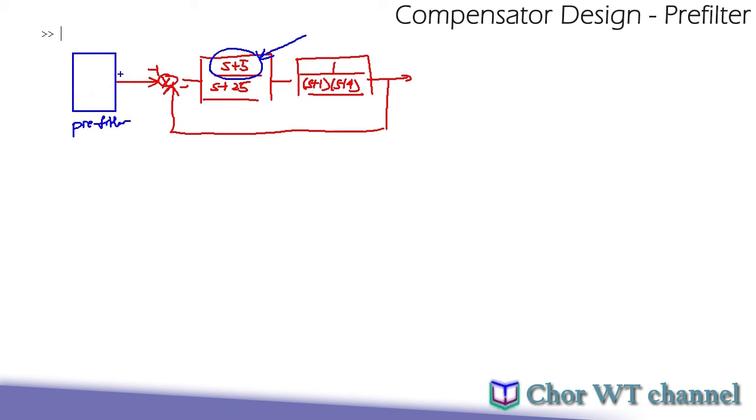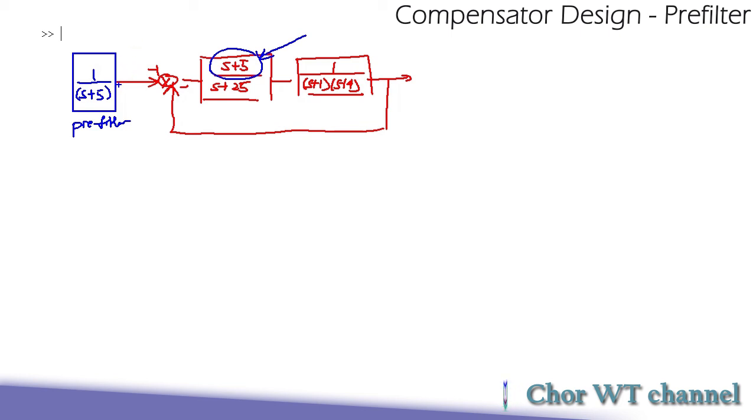This prefilter will have the pole s plus 5, which is exactly the same as the zero here, so that when multiplied together with the closed loop compensated system or the transfer function, this s plus 5 and this s plus 5 can be cancelled with each other. But take note here, by introducing an additional pole, it will actually lower down the ratio between the poles and zeros, and hence will increase the steady state error.